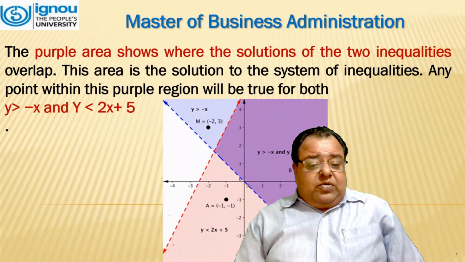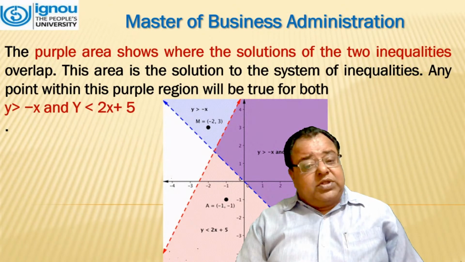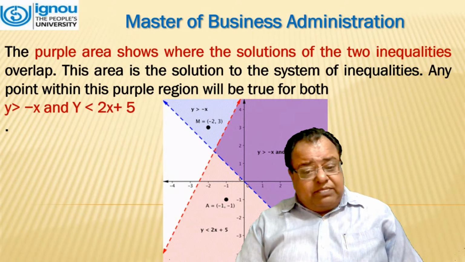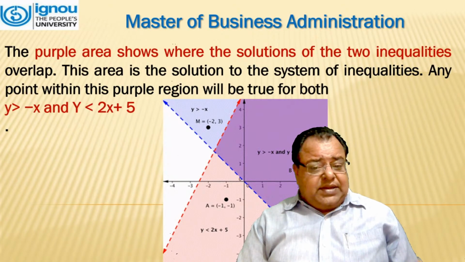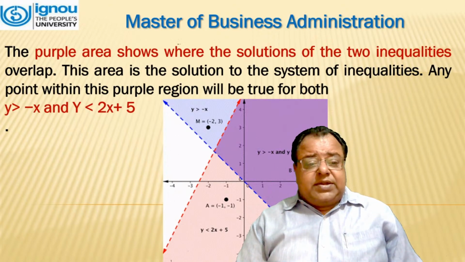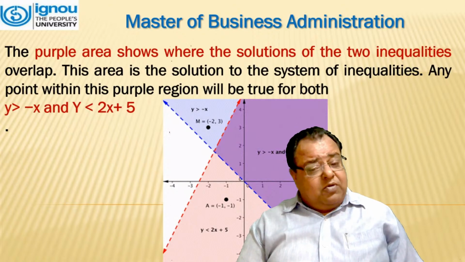Now we have to check the area which is common to both these lines. In that case, we will be using the same method. We will be replacing x by 0 and y by 0. So here in this case, it will be 0 less than 5. That is correct. That means its region will be towards the origin.